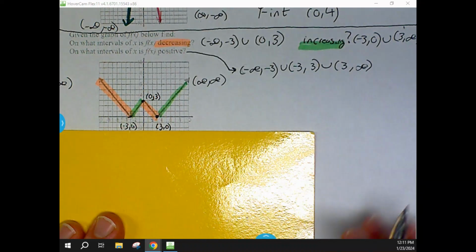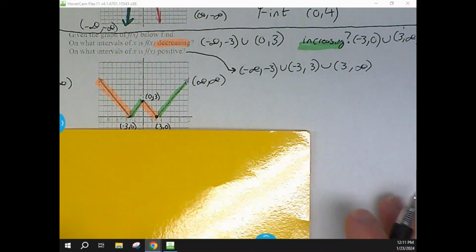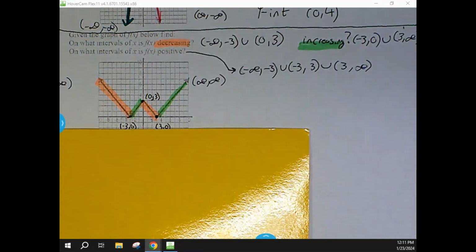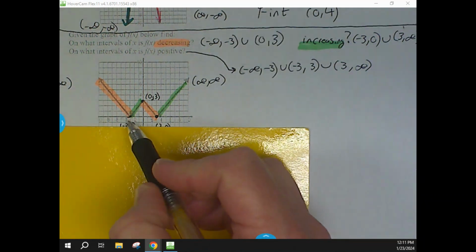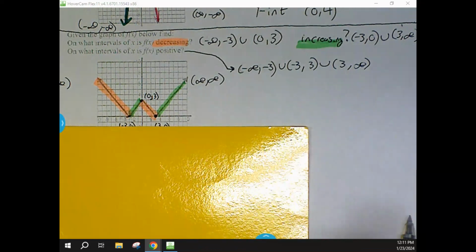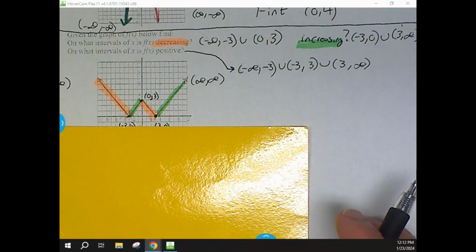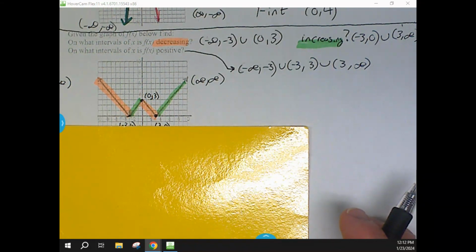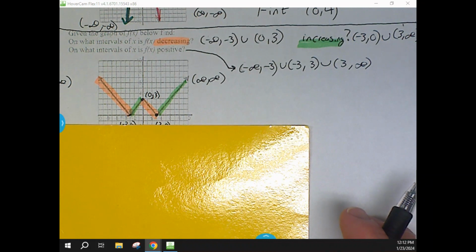And then we're going to go 3 to infinity. Again, I know that they wanted it to be negative infinity to infinity. They just did not draw it the right way for it to be that way. They would have had to scoot this thing up just a little bit. Those points hit the x-axis. So technically, they're not positive. They're not negative. They're just 0. So they're not either one of those 2 things. They're just in between there.